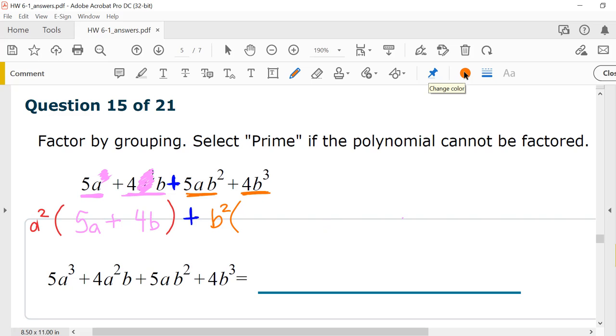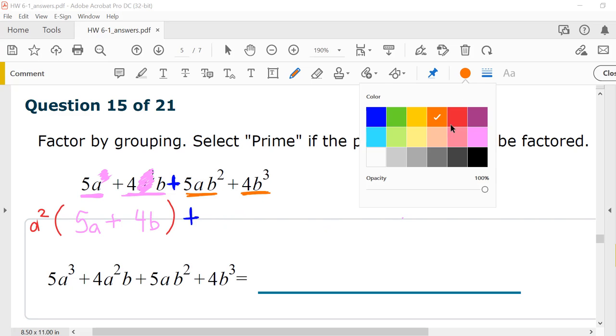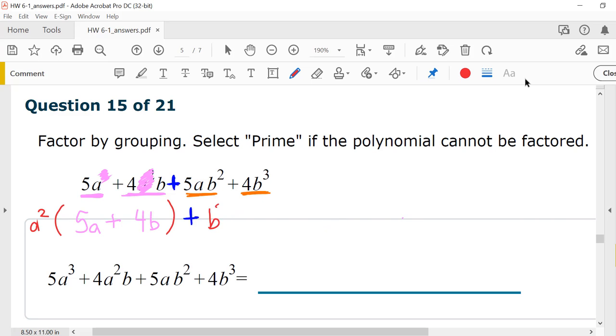Oops, I'm going to pull b squared out in red. That's a GCF, b squared. Now, what remains of those orange terms? If I pull out a b squared, I have 5a remaining. Plus, I'm going to pull out a b squared, that 3 turns into a 1, and I have 4b remaining.